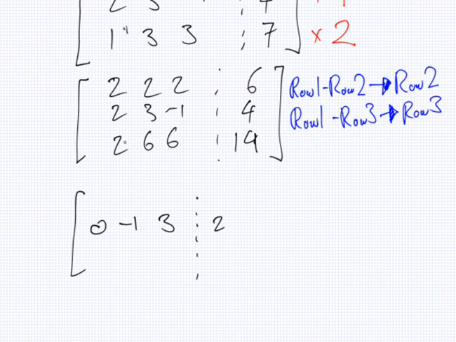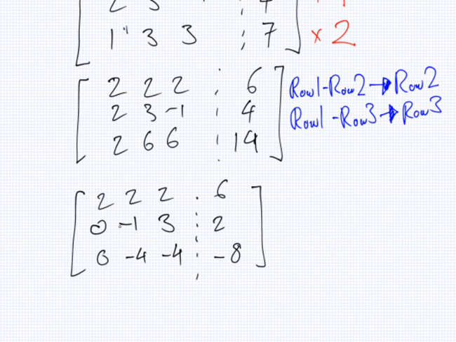Okay. So, what do I get here? 6, 9, 15. And here, 6, minus 4, and 2. Should I add or subtract? Here I should subtract. So you do row 1 minus row 2, and you put the answer on row 2.